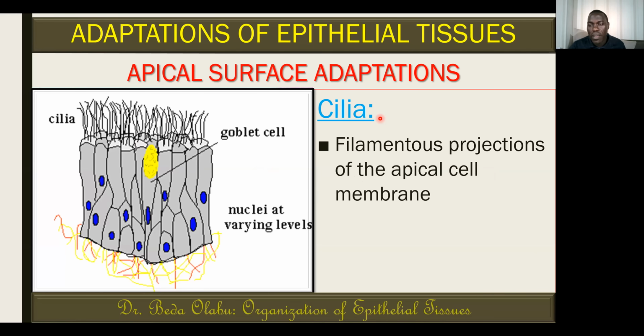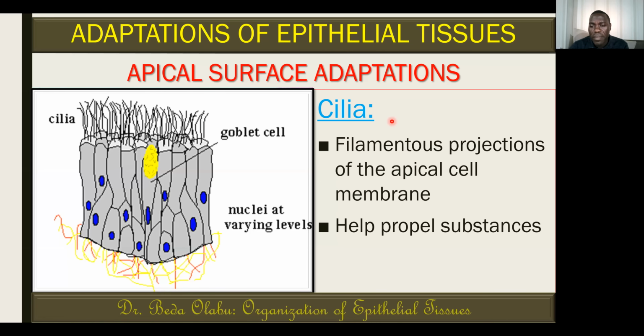Microvilli is not motile. The second difference is that cilia is made up of microtubules. The cytoskeleton that anchors cilia is microtubules, while the cytoskeleton that anchors microvilli is microfilaments. Those are the two differences I've told you.